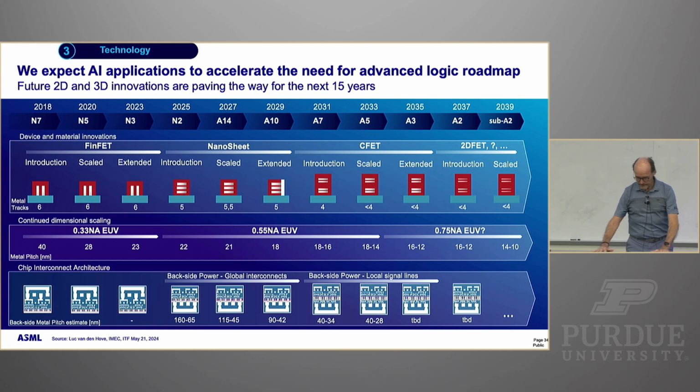When I try to make that transistor smaller, a couple of things happen. If I look at it from the side, as it's getting smaller and smaller, it gets harder and harder to turn off that transistor. I get more and more leakage current. So people said, what could I potentially do? Imagine the source being here, the gate being here, the drain being here, the gate is on top, but the gate cannot control the conductivity here anymore.